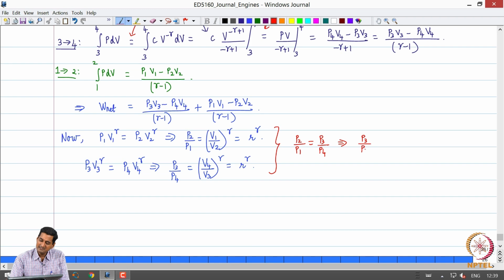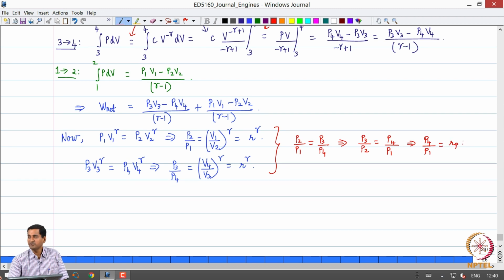So, if I change the order, I will get P3 by P2 equal to P4 by P1. And what is P3 by P2 equal to? The pressure ratio Rp.